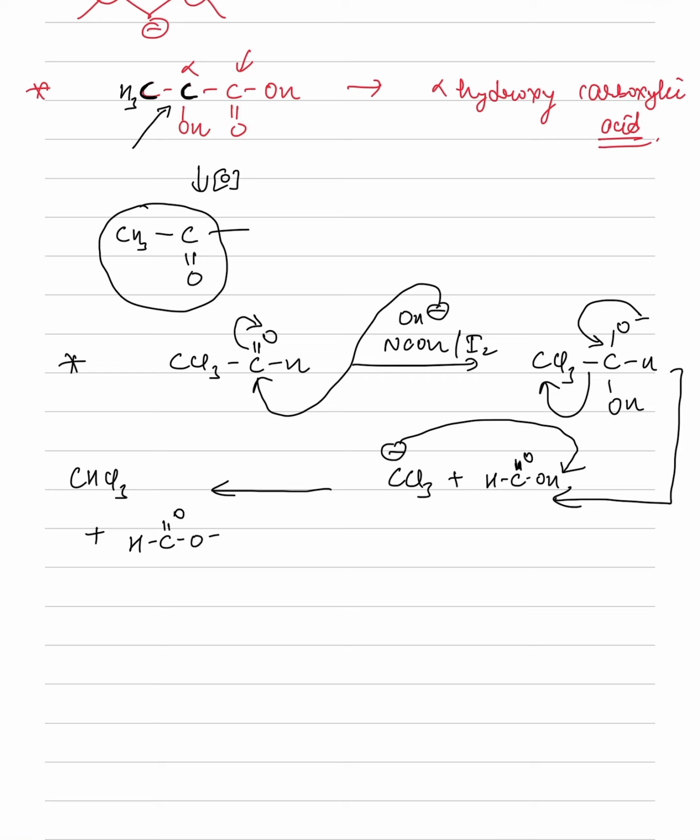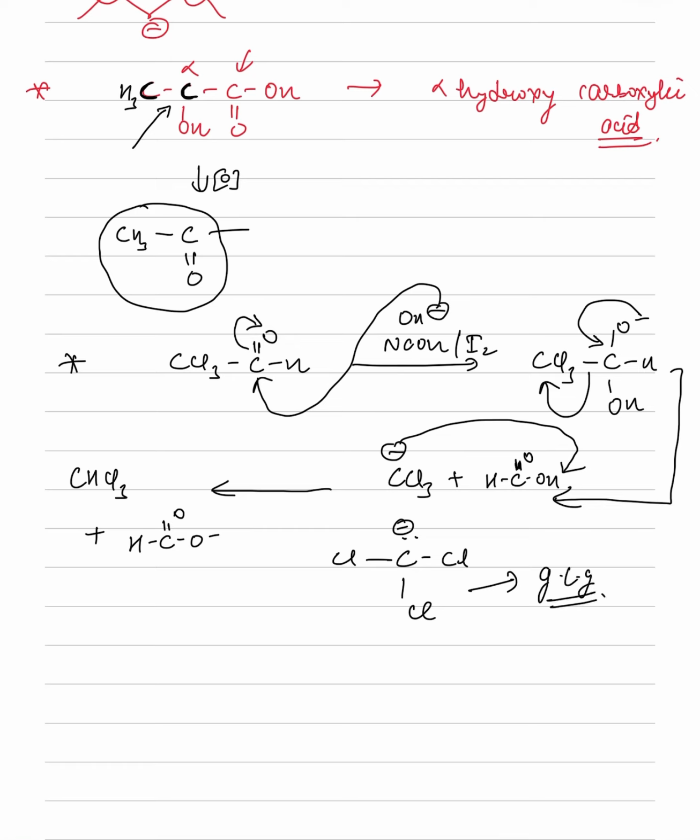Now, the important thing is, why is CCl3 minus released as a good leaving group? Because the negative charge on the carbon is easily stabilized by back bonding with the chlorine atoms, since they contain empty d orbitals, right? That's why it's a good leaving group.